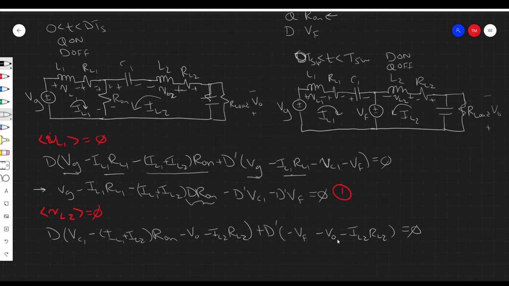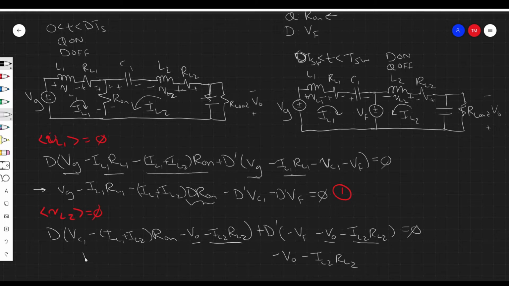So let's simplify this. Again, we can note in these two halves of the switching cycle, we see IL2 times RL2 in both of them, and we also see V out in both of them. So because D plus D prime is equal to 1, we can simply pull them out as IL2 times RL2 and V out. What else do we have?